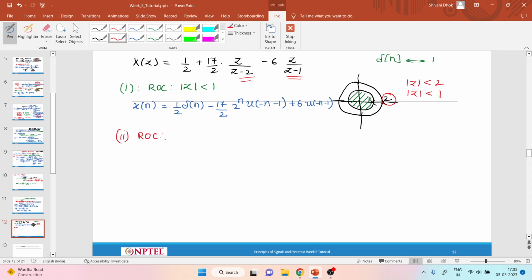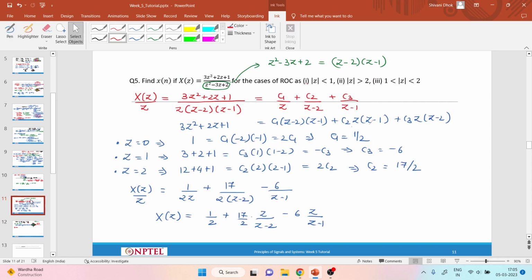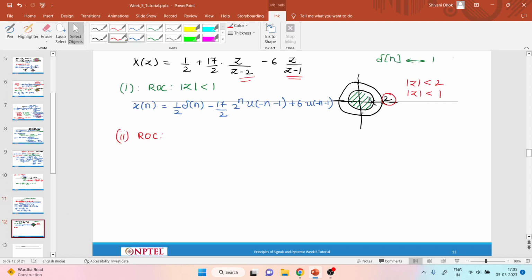The second part of the question, the region of convergence that has been given, is magnitude of Z greater than 2. So again, if we draw it, the region of convergence here is everything that is greater than 2.